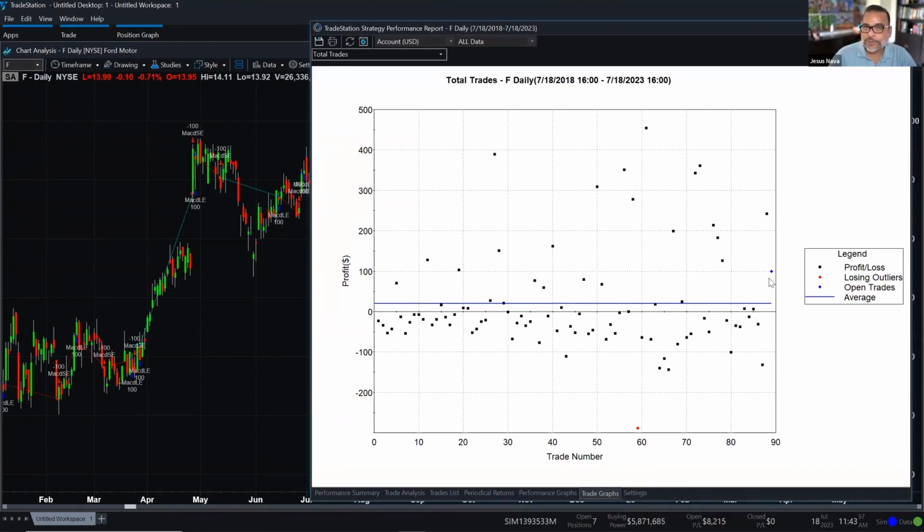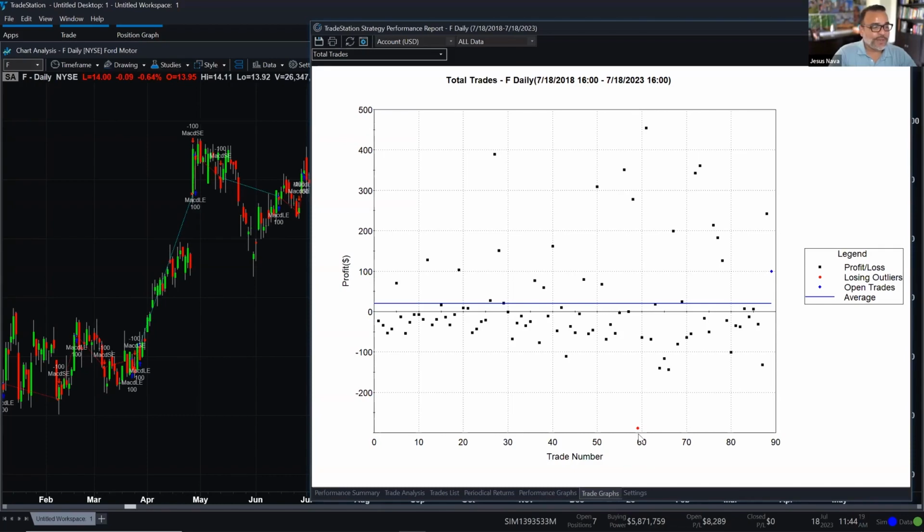My open trade is colored in blue, and it tells you open trade right there. And it's also identifying outliers. Now, whenever you have a loss or a win that is outside of normal, then it's labeled as an outlier.